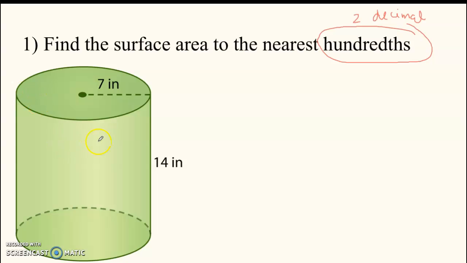Great. So there are two circles, the top and bottom, and that is 2 pi r squared. Then you get that barrel piece, which comes from a rectangle, and that becomes the circumference, so it's 2 pi r h. From this it's a straightforward substitution: 2 times pi times 7 squared plus 2 times pi times 7 times 14.